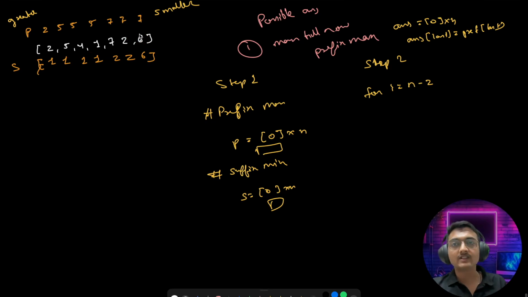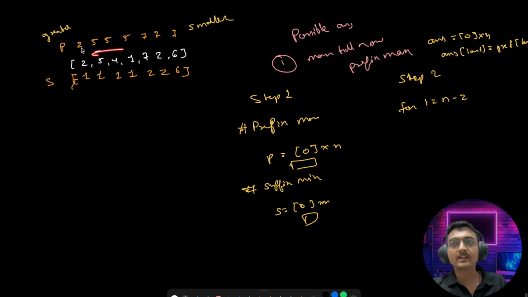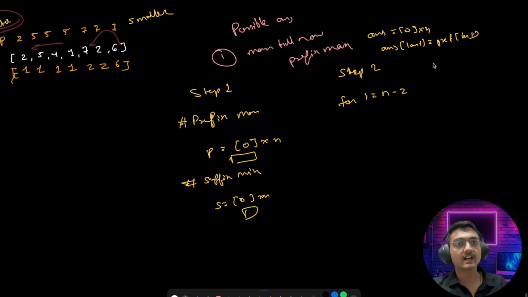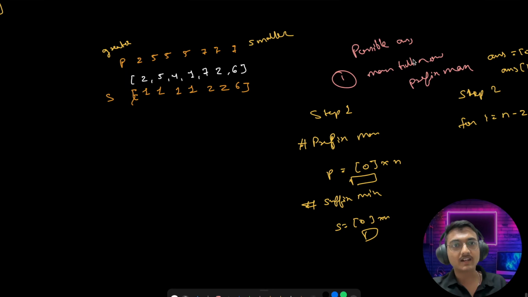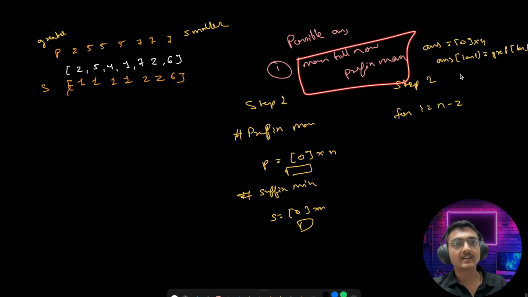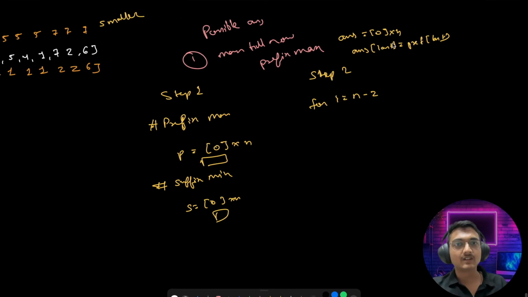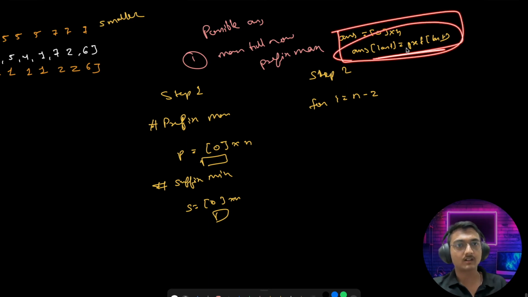If this is the highest number, then I can't change it. And if this is smaller, I can jump to the highest, because whatever the rule says, from the left side you can go to the greater one, so definitely I can go to this greater one. So that's why my last answer would be the prefix. At any point our possible answer is the max till now, which we have already discussed. So in that manner, the last answer would be only prefix of last.